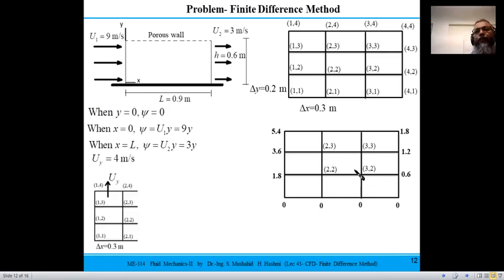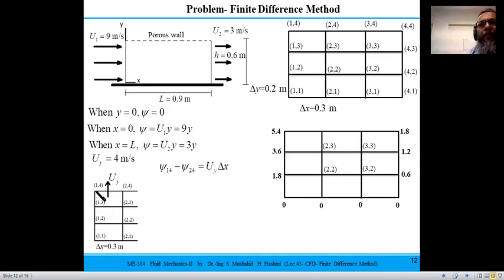So let's see how we can work out the stream function at the boundary, because as you know the stream function here is 5.4, and I have no information about the stream function here. As I know the rate of change, the change in the value of the stream function is actually equal to the volume flow rate.